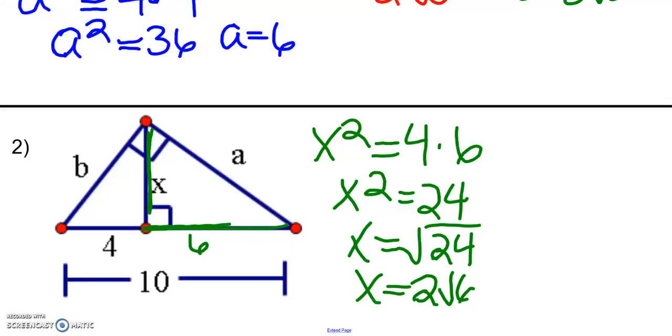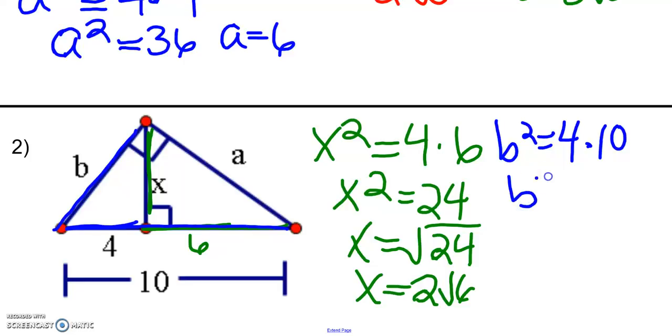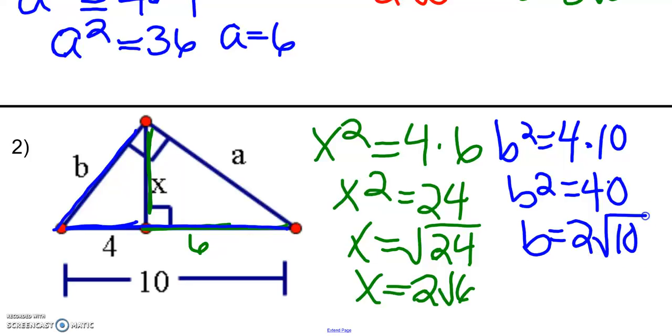Alright, so then looking at b, we're going to solve it the same way we did before. So we have b squared equals its corresponding segment of the big hypotenuse times the big hypotenuse. So b equals 2 root 10.